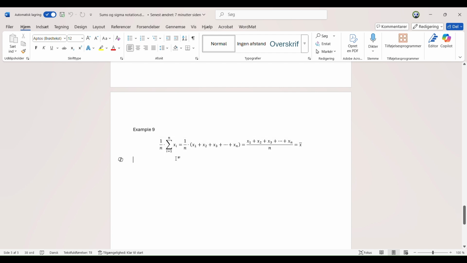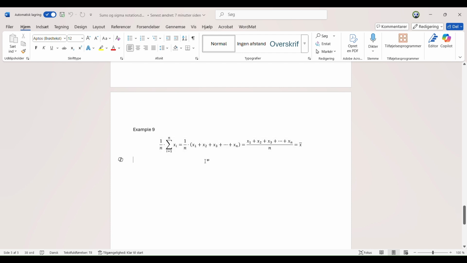So we have to put in 1 first on i's place, then 2, then 3, and all the way up to n. But because 1 divided by n is outside the sigma notation, we have to write it outside some parentheses where we now write our expression. So we start by saying x1, that's the first term inside these parentheses. Then we say plus x2 plus x3 plus x4 plus all the way up to xn, which is our last value here because of the upper limit.